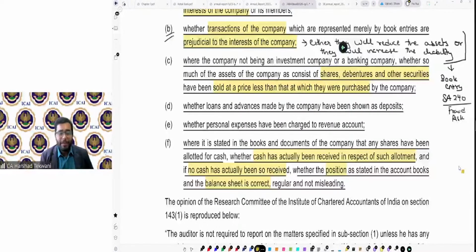That's why this particular provision was brought in, to check whether the shares being allotted are allotted to genuine shareholders who are paying the amount, or to bogus shareholders who are not paying, while the company is routing its undisclosed money through these shareholders by allotting the shares. Okay, so that is point number F.